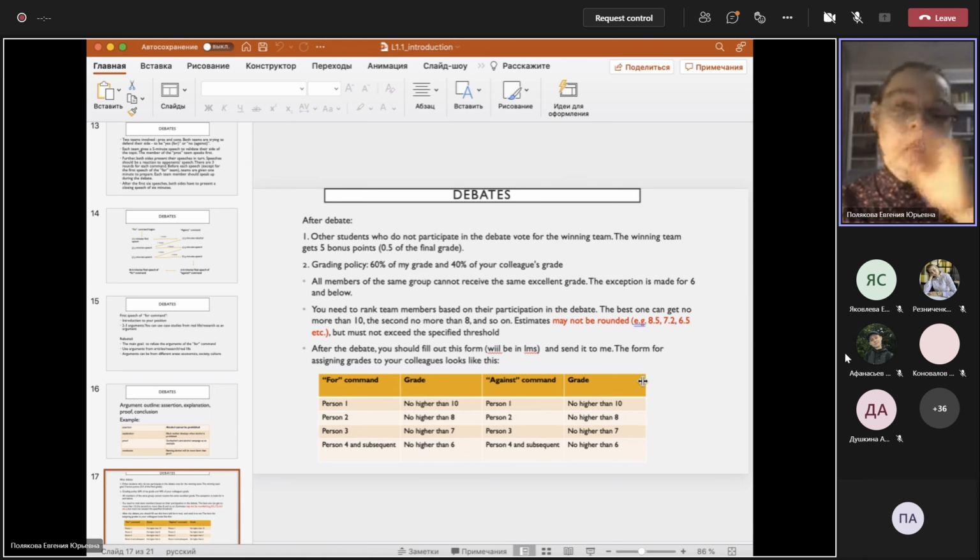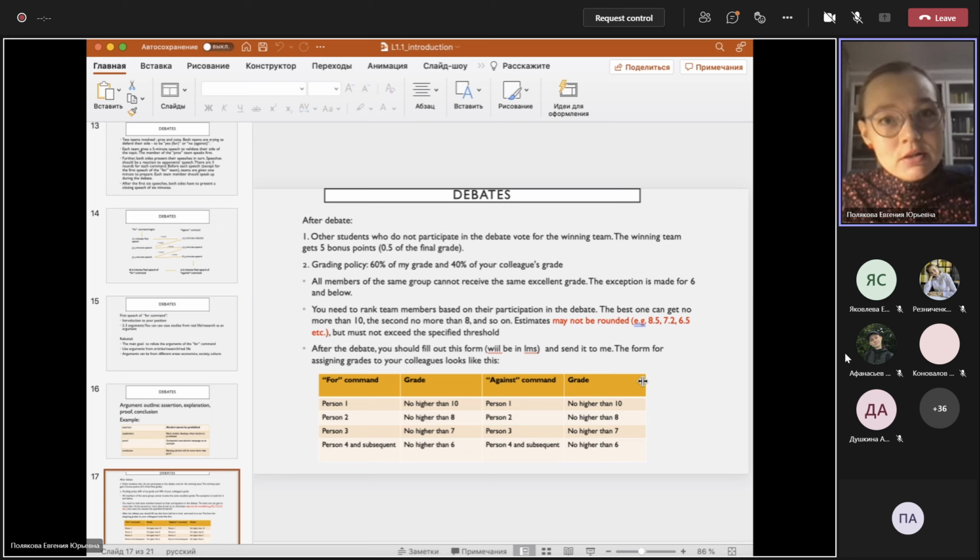Okay, then what about grading? Other students who do not participate in the debate vote for the winning team. Please do not vote based on your own position. I believe that some of you may be, for instance, against raising the retirement age.